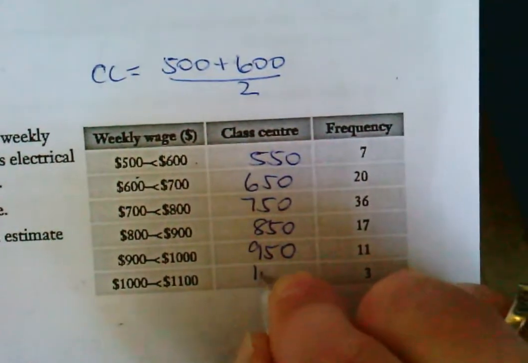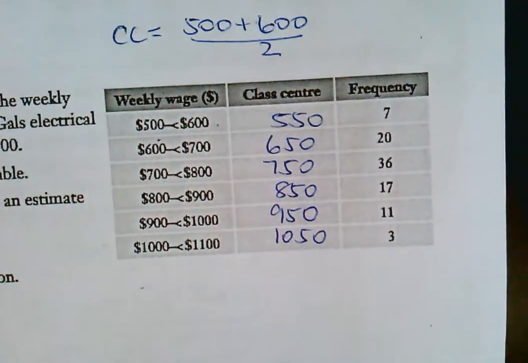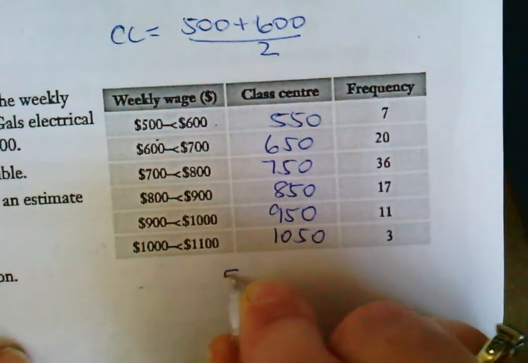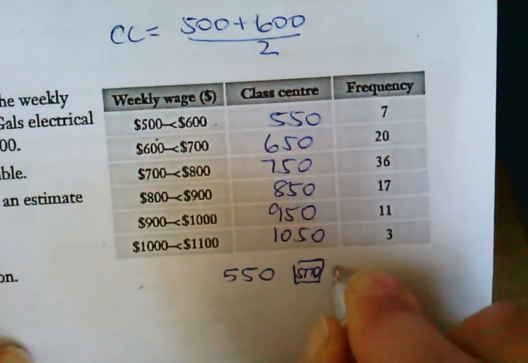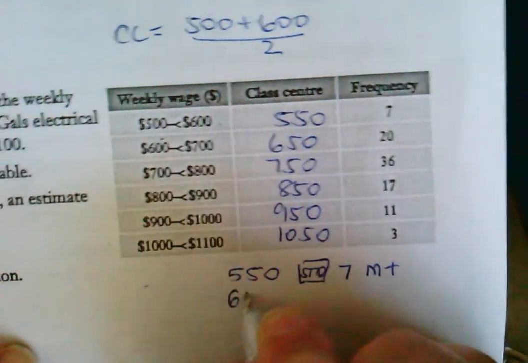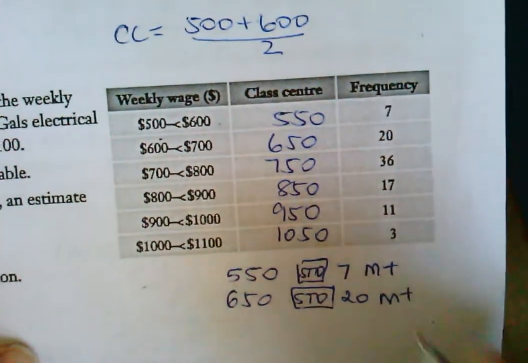Okay? Now, to enter this data onto your calculator, please make sure you've cleared your statistics mode. Yeah? And then you will go, how do we enter it? 550, STO, 7, M plus, etc. 650, STO, 20, M plus.